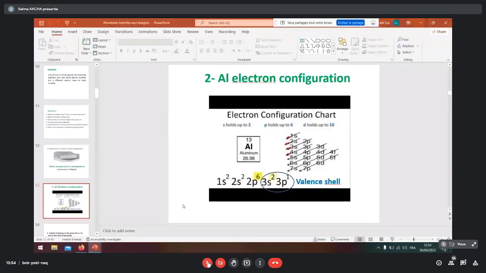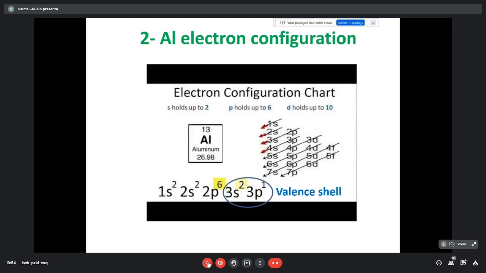Guys, what about the group? How do we do to know the group? 13. In French, because in English it's easy, but what about French? It's quite complicated, or more complicated at least.